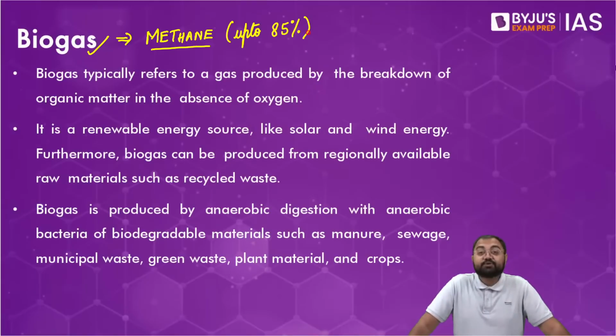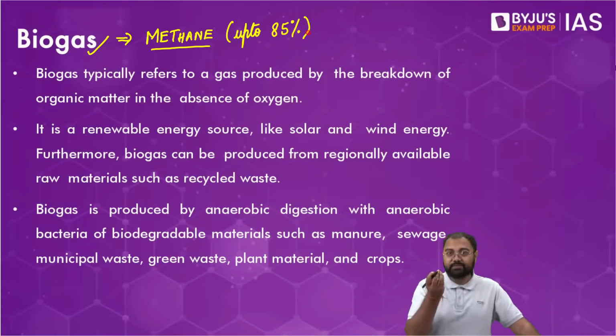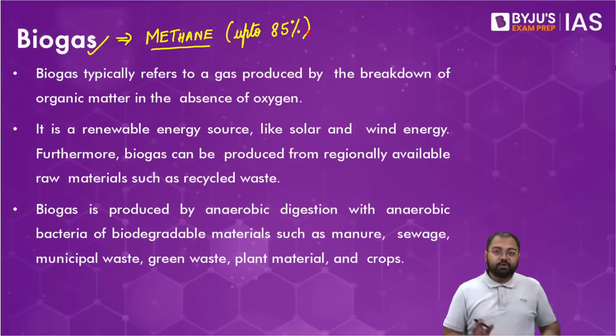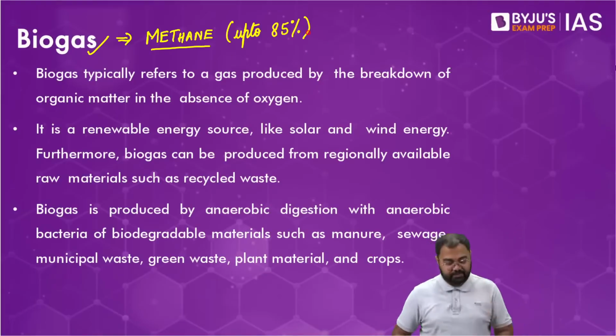For example, there could be carbon dioxide, but methane and carbon dioxide largely make up almost 99% of the composition of biogas. The rest 1% could be nitrogen oxides, oxygen, elemental nitrogen, hydrogen sulfide. All these gases could be present in the rest 1%, which is a very trace amount. So almost 99% would be just methane and carbon dioxide.